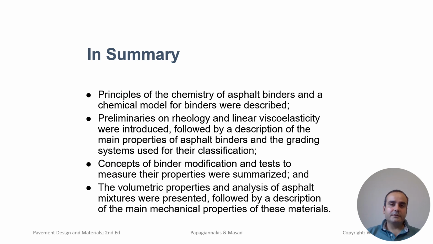In summary, in this chapter, principles of the chemistry of asphalt binders and the chemical model for binders were described. We learned about different properties of asphalt binders and asphalt mixtures and how to measure those properties using different experimental protocols. We also learned about different techniques to classify asphalt binders based on their rheological and physical properties.